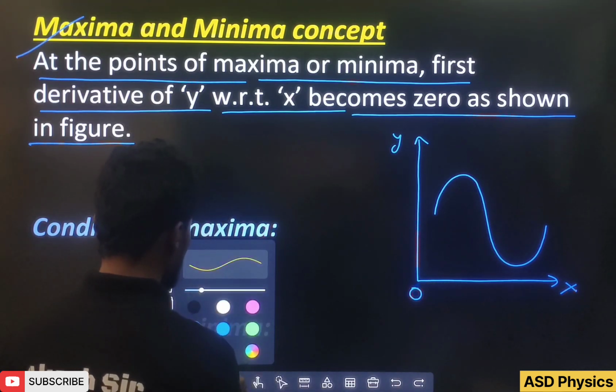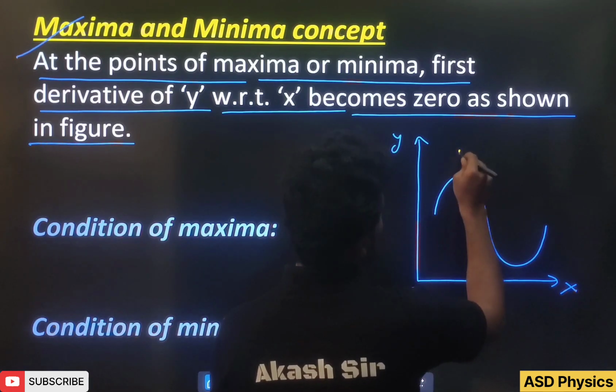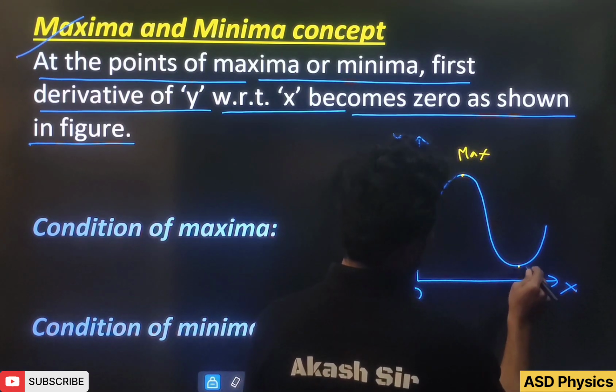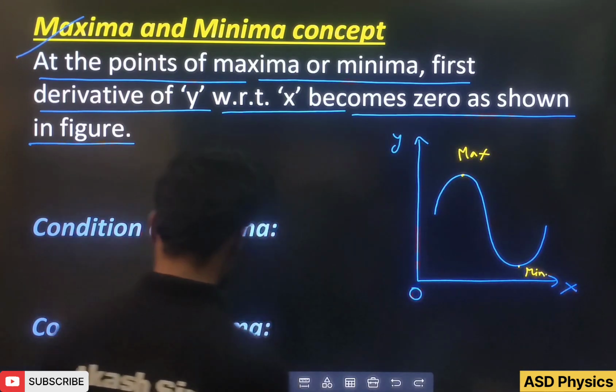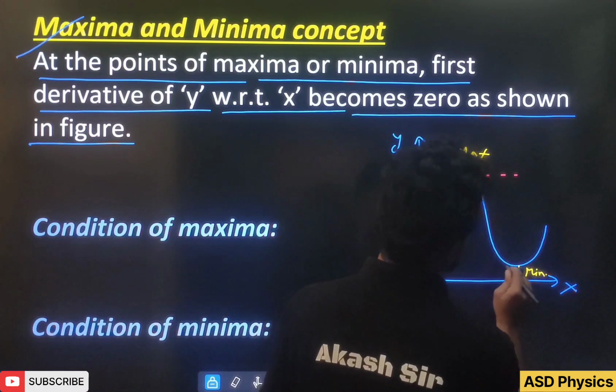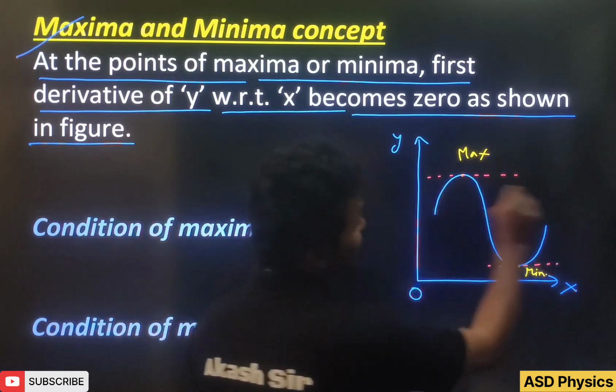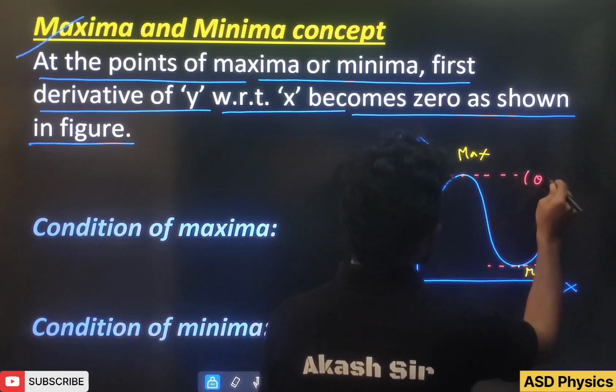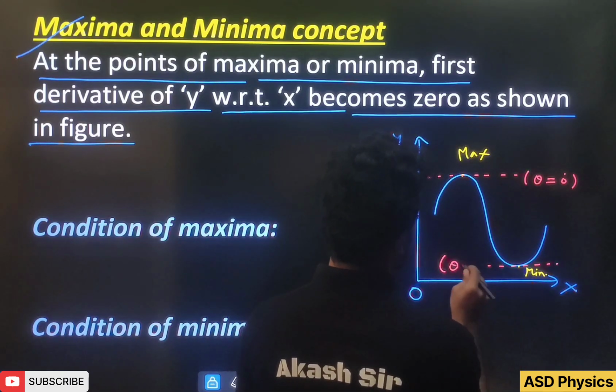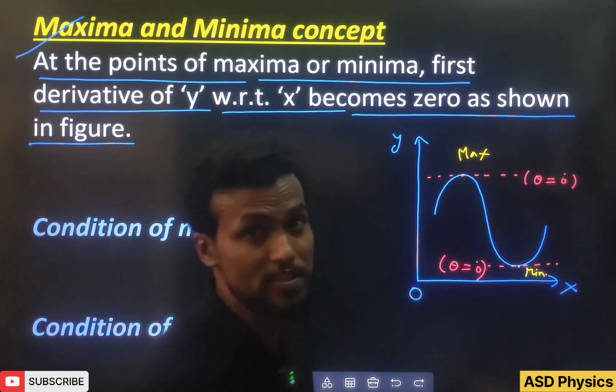Now students, here this is the point of the maximum and this is the point of the minimum. Here we have to draw one line, and here also we will draw one line. You know very well the lines are horizontal. That means you can see very well what the angles are: theta equal to 0 and theta equal to 0. Okay.